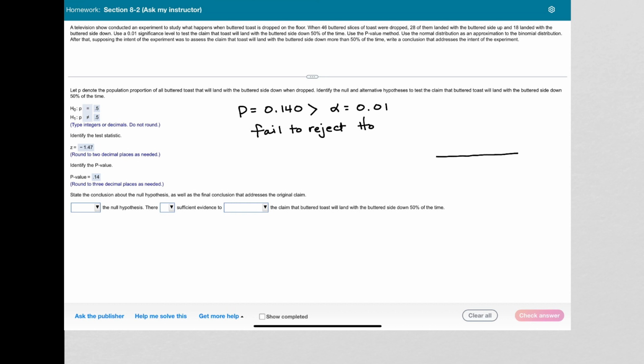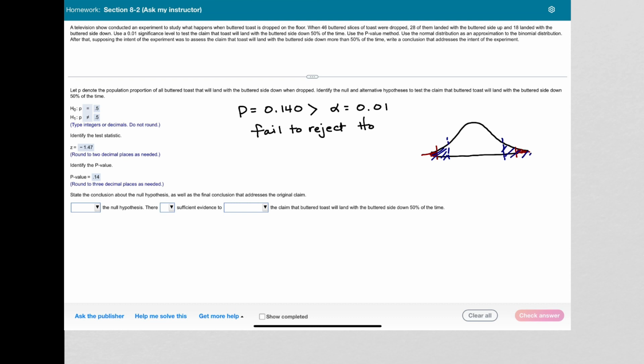Because what we're doing here is we are looking at our critical value alpha. This was a two-tail test. So alpha is split between the two tails. And our p-value is also split between the two tails. And in this case, we have a p-value that is larger than alpha.